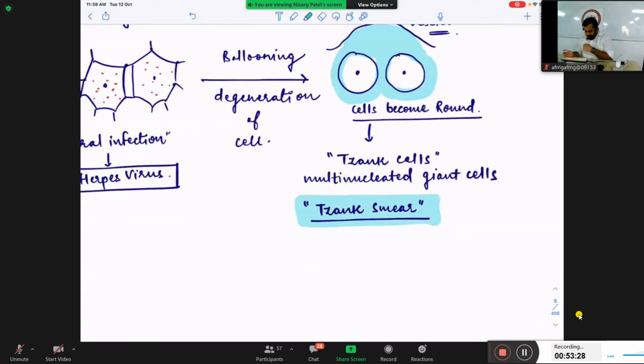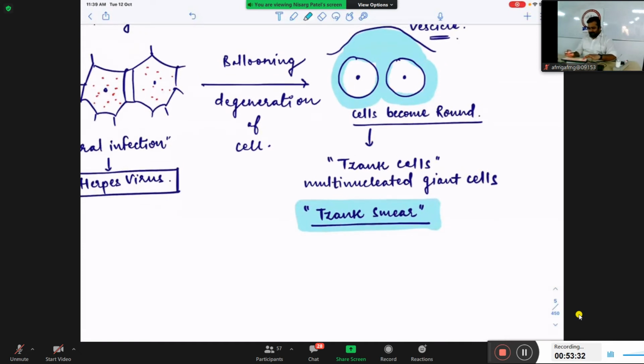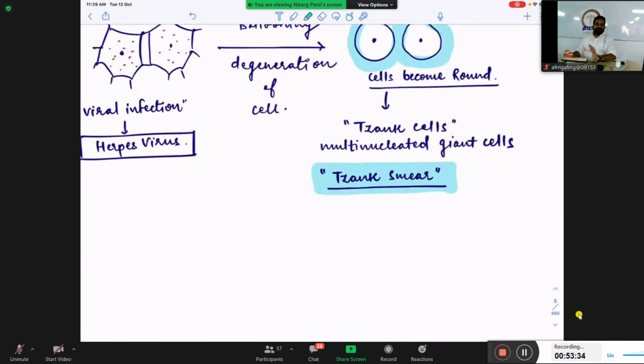But now tell me, will the Tzanck smear be positive only in secondary acantholysis or will it be positive in the primary acantholysis also? It is in all. So you cannot differentiate with the Tzanck smear whether it is a primary acantholysis or a secondary acantholysis.